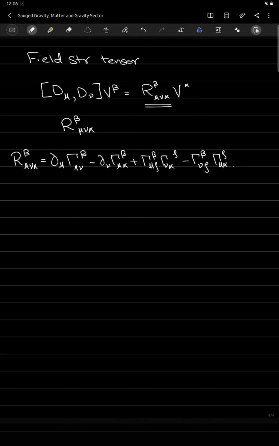And with the help of this tensor, I can define another quantity, R_{να}, which is simply this R with the index μ summed over, R^μ_{μνα}, right? And I can further have another quantity that would be simply R, if I multiply this with the metric g^{να} times R_{να}, right?